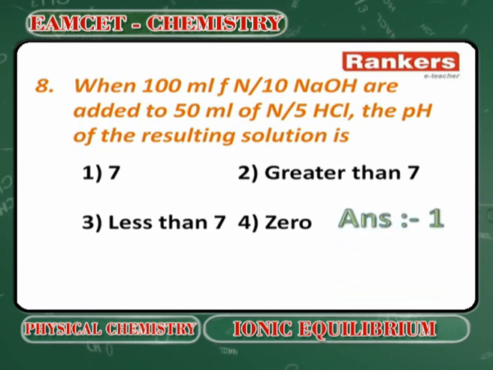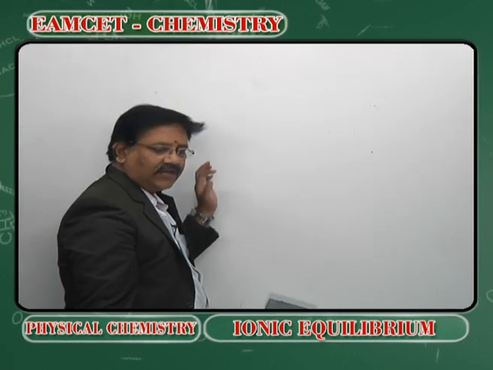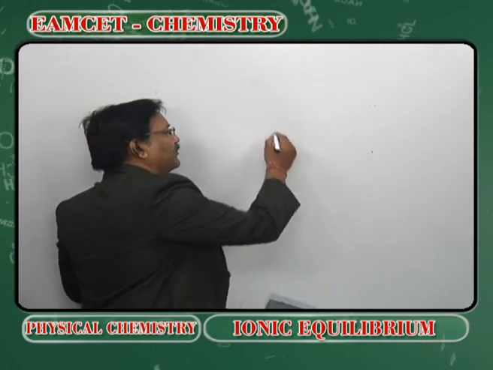When 100 ml of N by 10 NaOH is added to 50 ml of N by 5 HCl, the pH of the resulting solution will be greater than 7. Here, whenever acid and base solutions are given, first we have to calculate NaVa and NbVb.